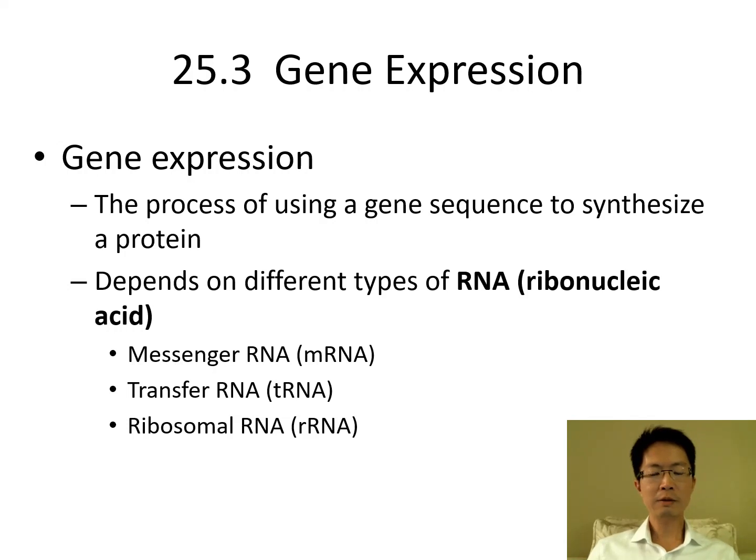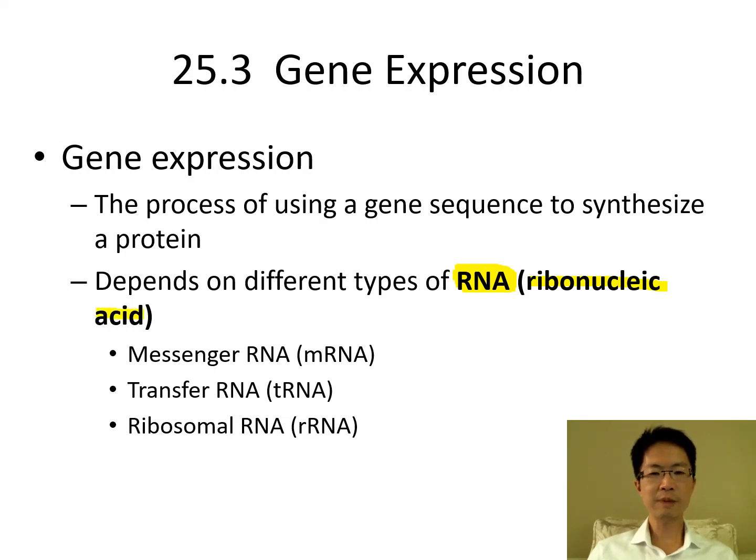When we are converting a gene sequence into a protein, we need different types of RNA. Remember, at the beginning of semester, when we learned about nucleic acid as one of the 4 major biological molecules, RNA is one of the examples under nucleic acid. And RNA stands for ribonucleic acid.